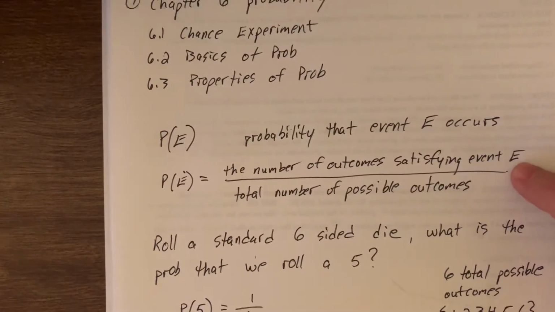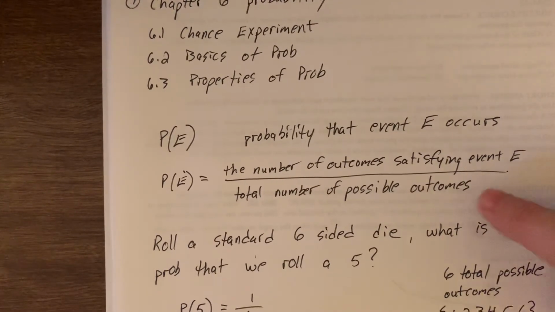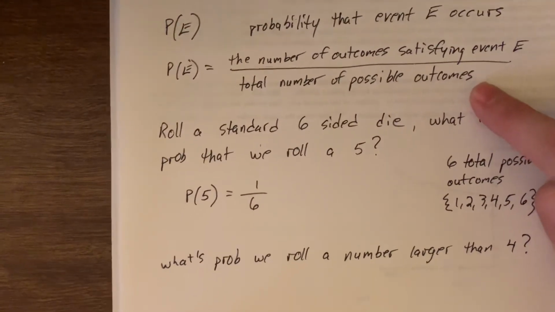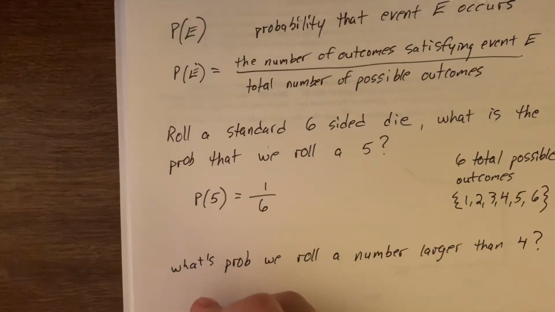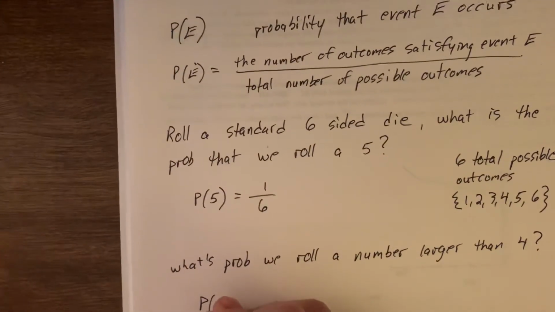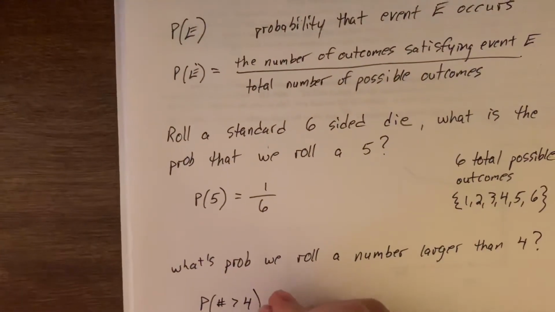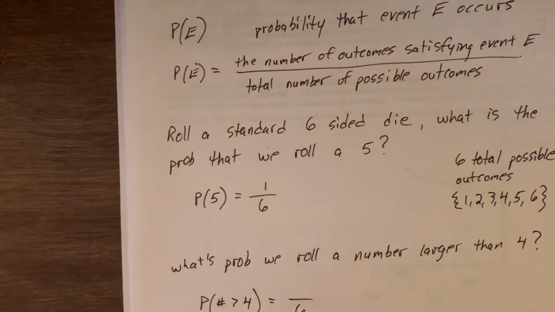Again, the number of outcomes that satisfy out of the total number of possible outcomes. I always like to start with the bottom. How many total outcomes do we have? Well, we're still rolling that same die, so here, my notation, probability, number greater than 4. We still have 6 possible outcomes.